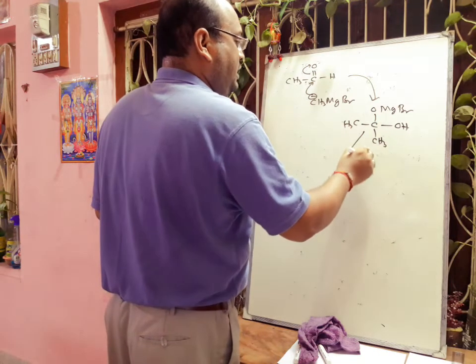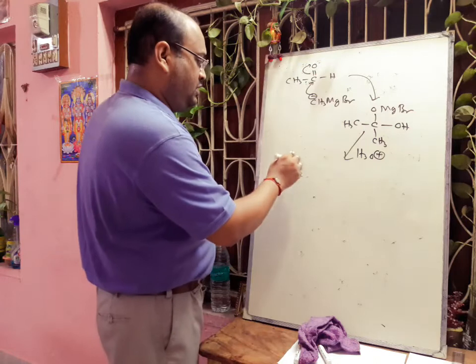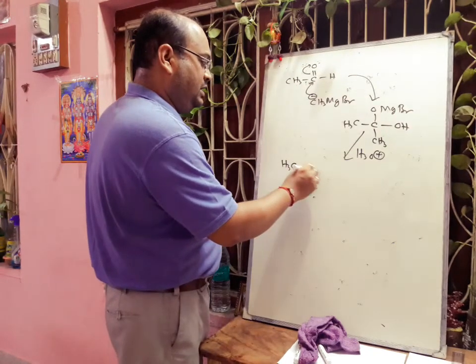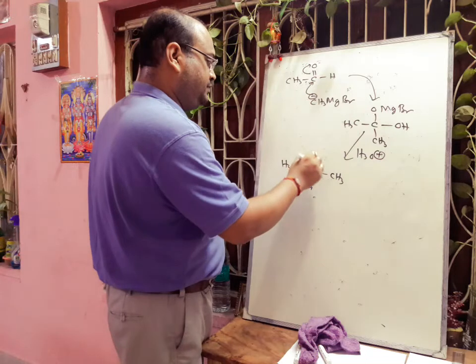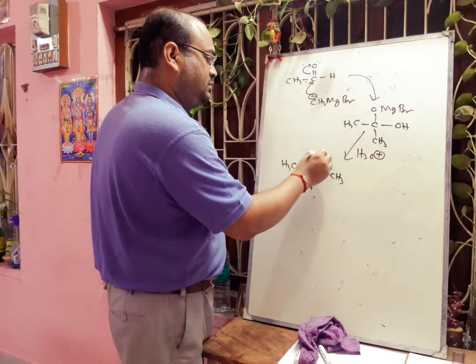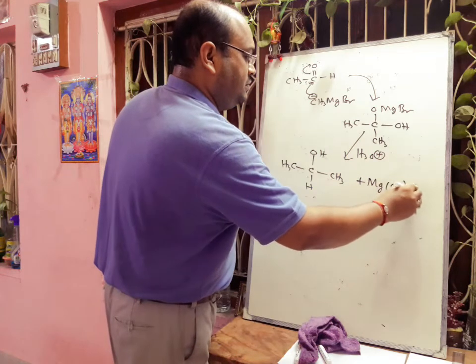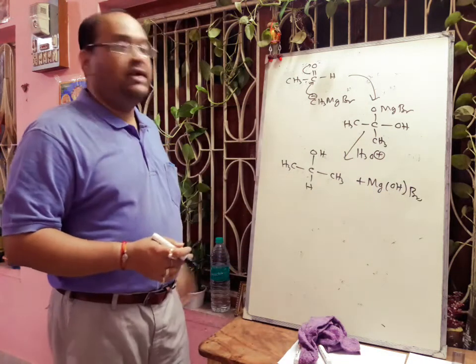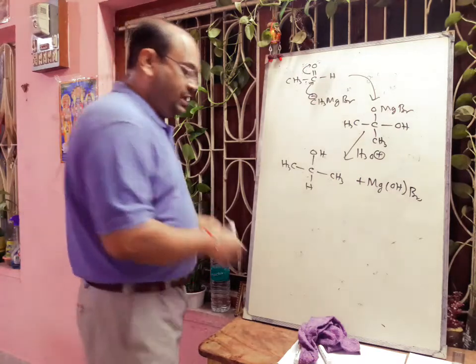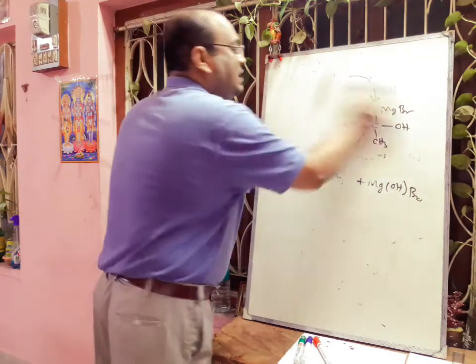And if we add H3O plus, that means by acidic workup, we will get the corresponding alcohol plus Mg(OH)Br. So this is a secondary alcohol. This is propan-2-ol.